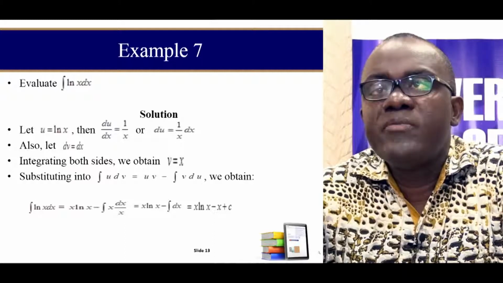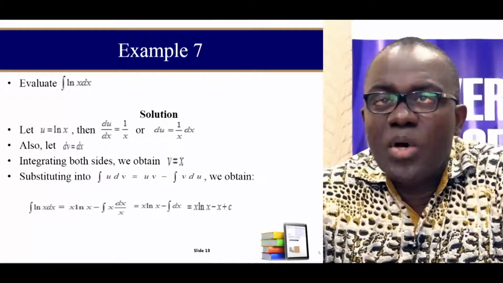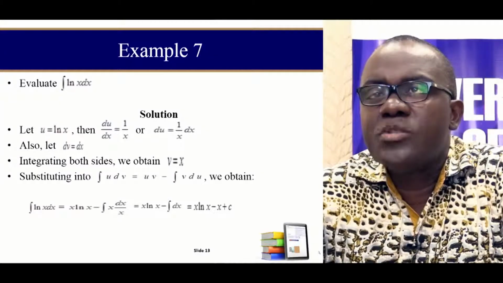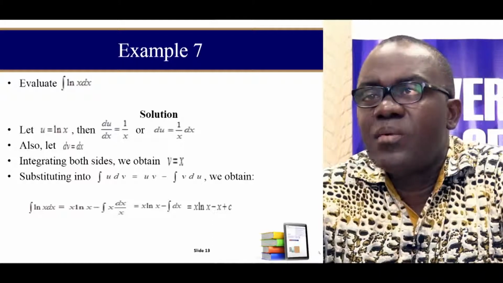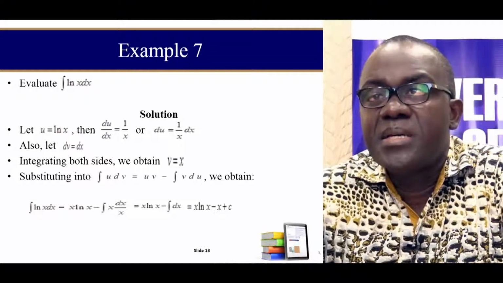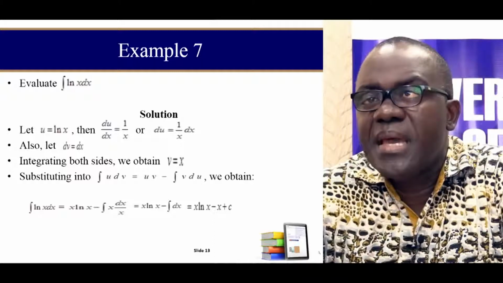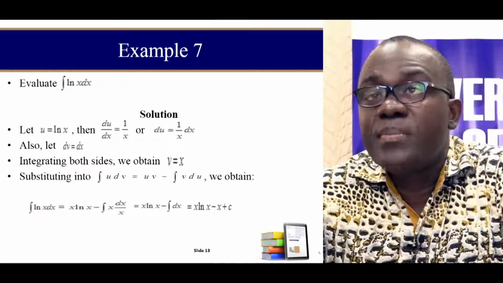So we have u dv, which we have more or less standing here, which we have broken down into what we have over here and then what we have over here. So you see that it's equal to what we have over here, and the integration that we have standing here is quite easy to manipulate.